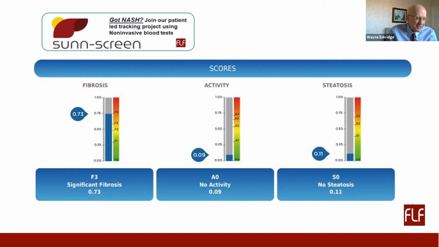And in this case, for example, you can see that this says I have significant fibrosis, which we know from my biopsies. But importantly, I don't have any inflammatory activity in my liver, and I don't have liver fat.